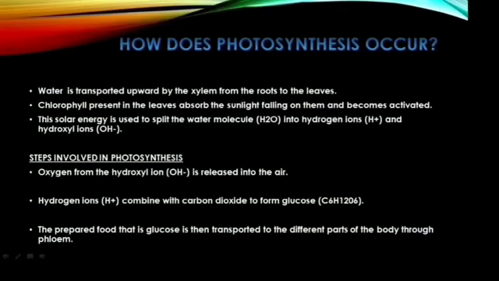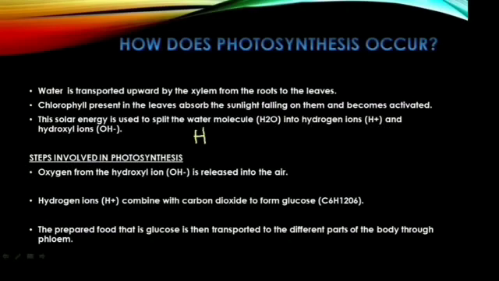Now, during daytime, when the sunlight falls on the surface of the leaves, the chlorophyll contained in the chloroplast becomes immediately activated. Activated with what, students? With the solar energy. Now, after getting activated, the chlorophyll splits the water molecule.